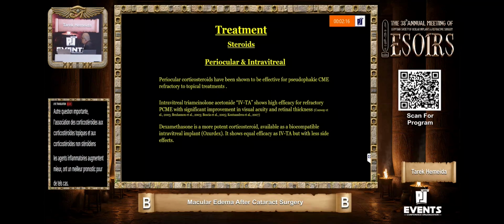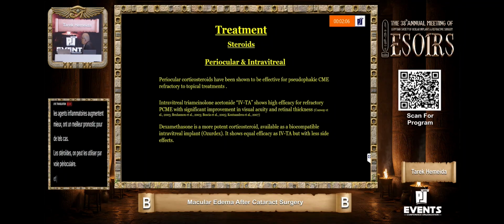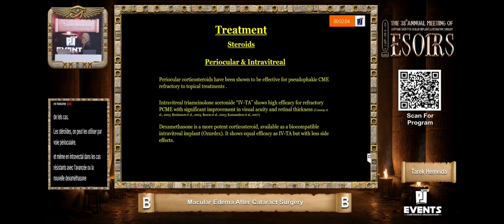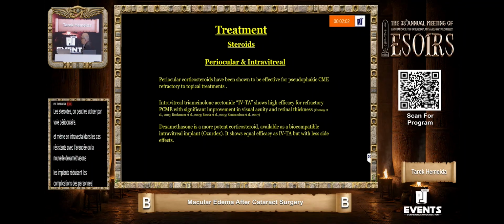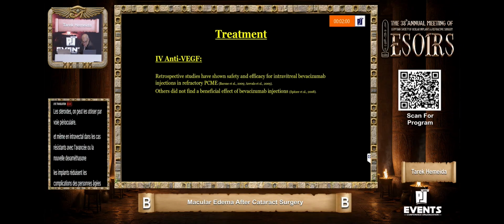Steroids we can use periocular and even intravitreal in resistant cases, with the advance of the new dexamethasone implants lowering the complications of the old triamcinolone acetonide injection.